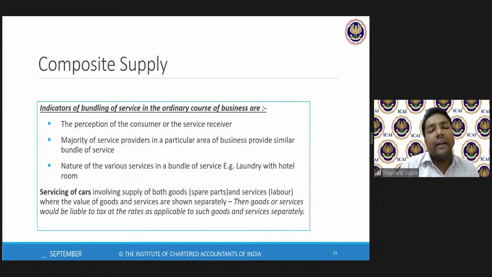Then how can it be said to be naturally bundled? How can it be said to be in the ordinary course of business? For it to be naturally bundled and to happen in the ordinary course of business, the majority of service providers in a particular area should be undertaking the same kind of transaction.